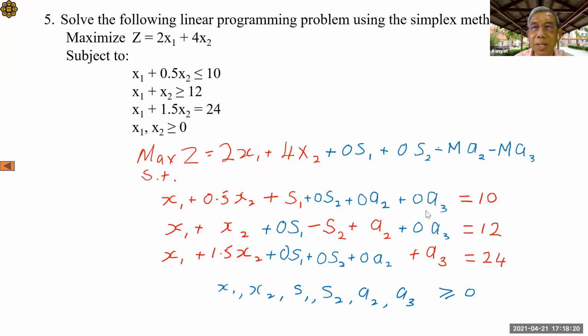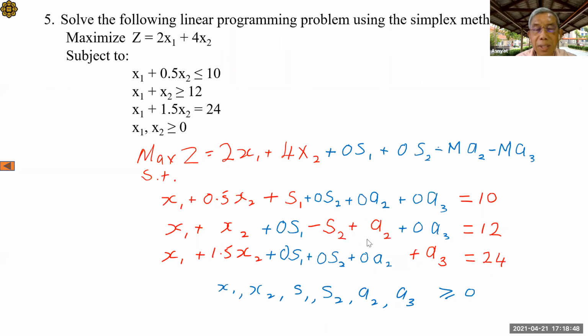The blue is additional. Constraint 3 has no S, but only A. No problem. But constraint 2 has the original and additional: S2 and A2.